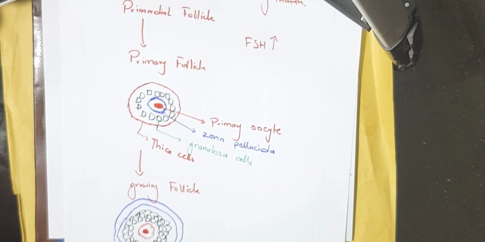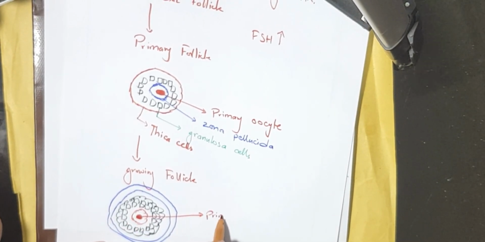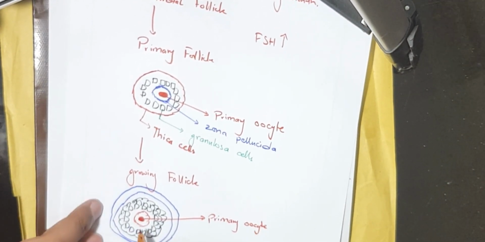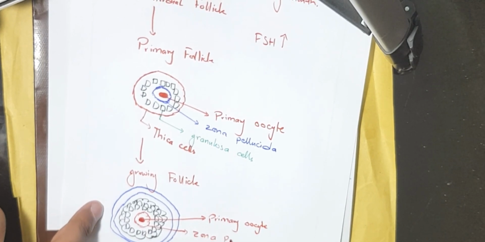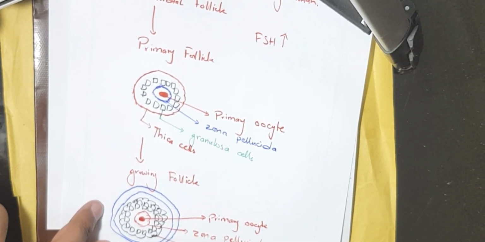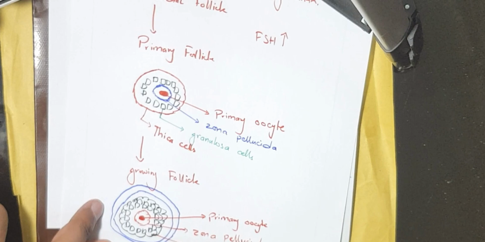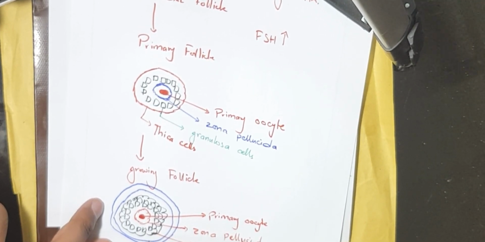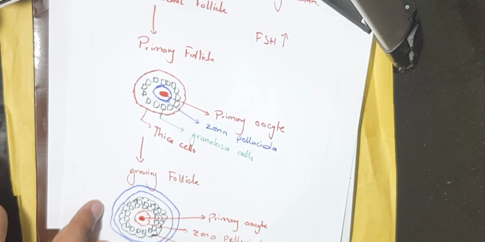But here the theca cells will duplicate, and there will be two types of theca cells, theca interna and theca externa. Okay, and the granulosa cells, which were present in a single layer, have now doubled, and there are 2 to 3 layers of granulosa cells present now. So this was the growing follicle, because it has evolved and grown into the growing follicle.